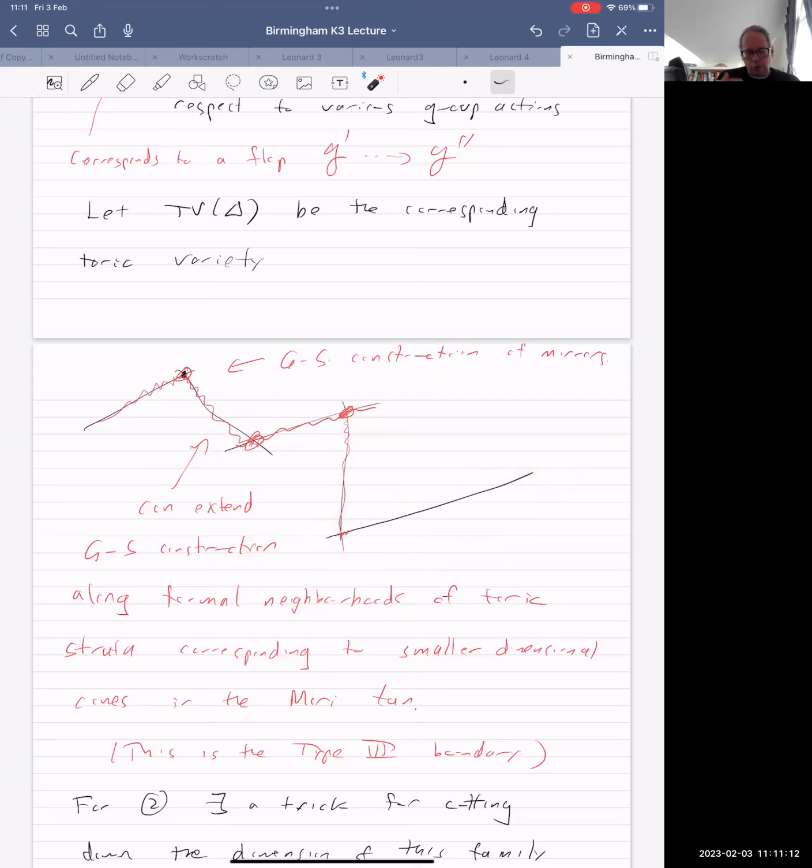Now, of course, in a type 2 locus, you won't see the moduli of elliptic curves showing up. What we do get from the Gross-Siebert construction will just be a tiny formal piece of that going off in this direction. And so we can't extend our construction to actually get a family over the entire type 2 locus.